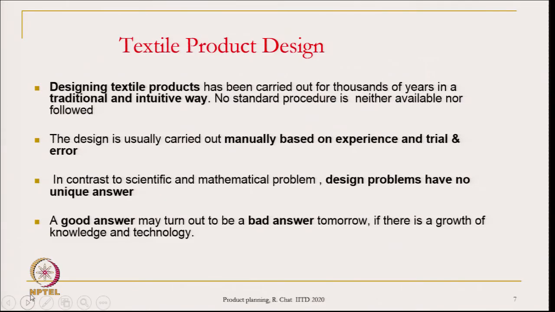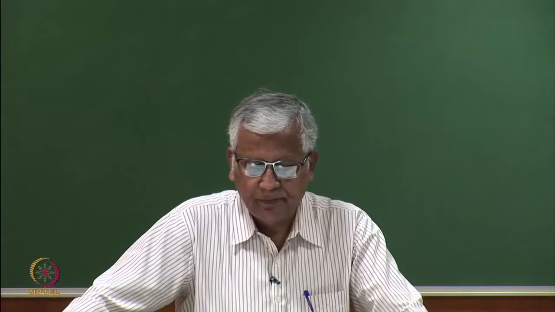Now, let us go to textile product design. Now, textile products, if you think, designing textile product has been carried out for thousands of years. So, since the beginning of civilization, textile is with us, and clothes have been designed for several centuries or maybe millennia also.